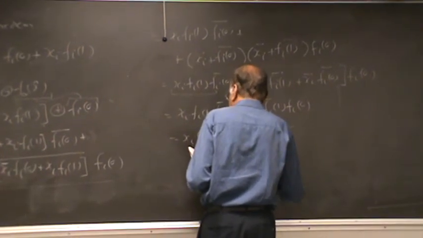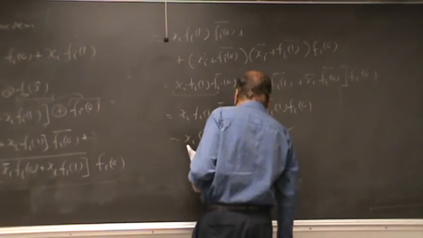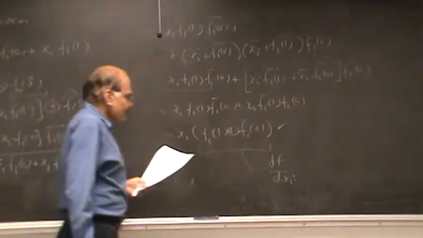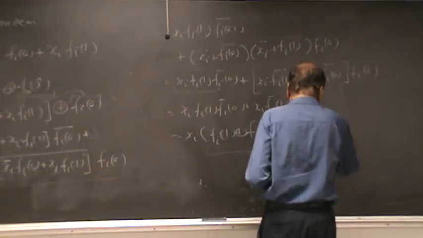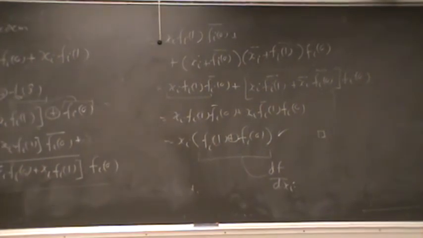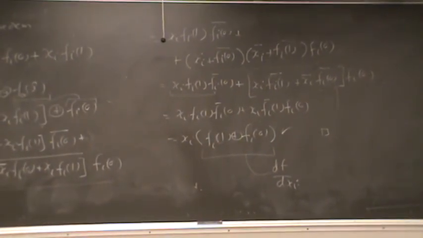So this is our df by dxi by definition. So this is the proof. That proves that the theorem we had was correct. Any questions on this proof?